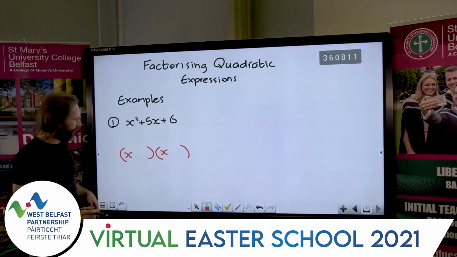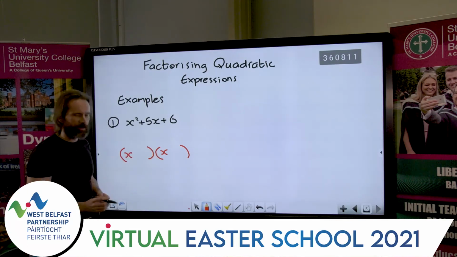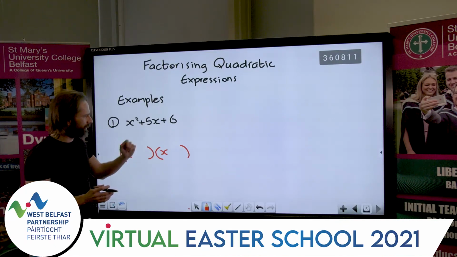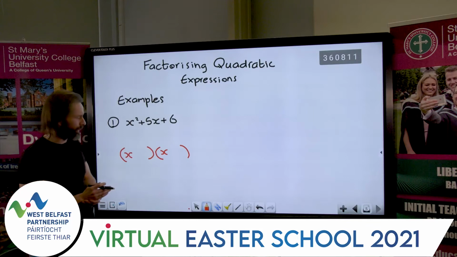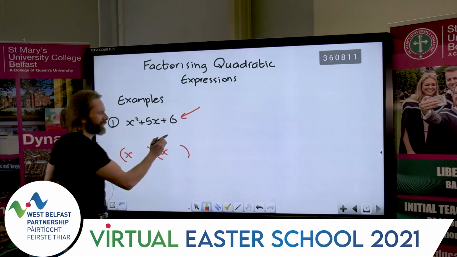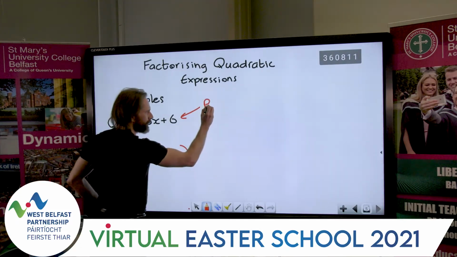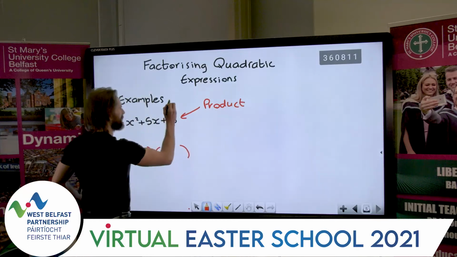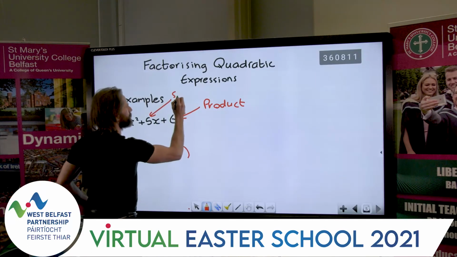Now, how we work out the numbers that go in the end here is we look at the middle term, the coefficient of x, and the number that's on its own here, okay? So when we're doing this, we have to think of 6 as what's known as the product. Product in maths means multiply, and the 5 as the sum.